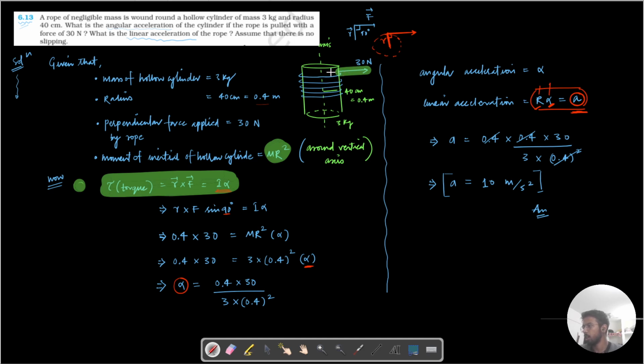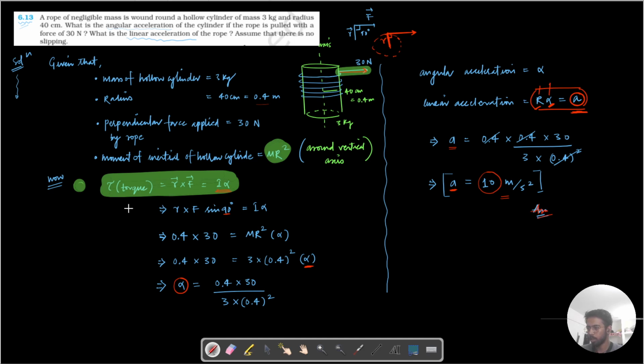The linear acceleration of the point at which the rope is pulling that cylinder is also the acceleration of the rope, because it is assumed that there is no slipping. So the acceleration of the rope is equal to the acceleration of that point. By calculating it, a, our linear acceleration, is going to be 10 meter per second square. So this is your answer.